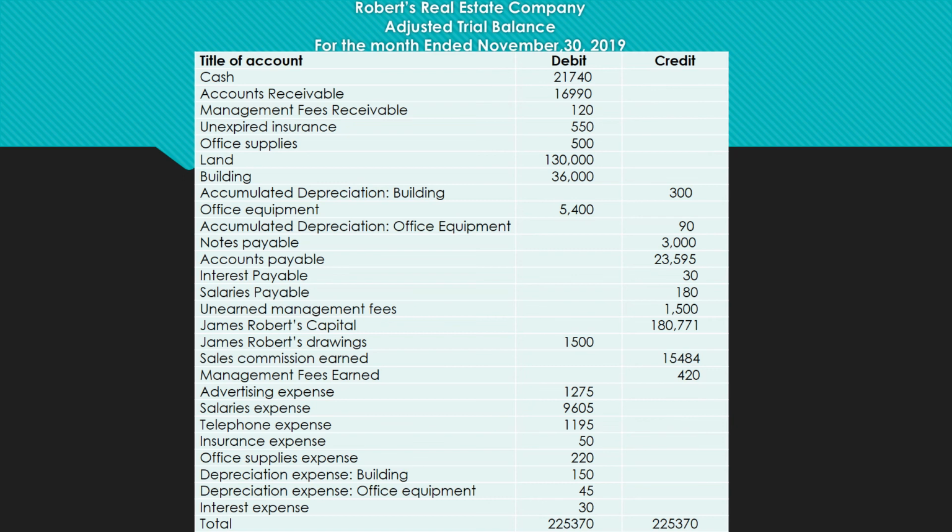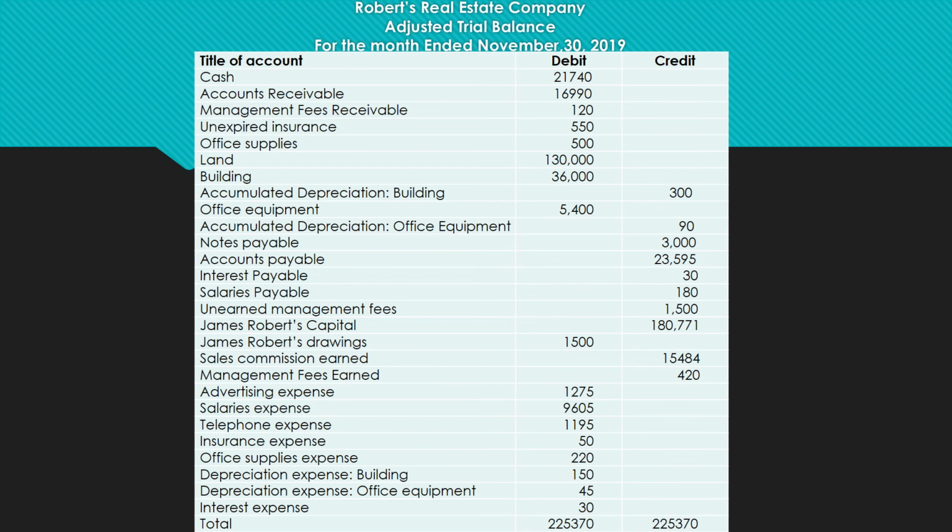So that's all about the titles of accounts which we are supposed to show in the adjusted trial balance after recording adjusting entries. Just to sum up, first we have given assets, then liabilities, then capital, then revenue accounts and then expenses accounts.